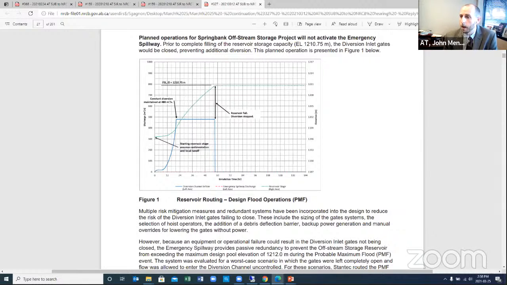The design of the low-level outlet works for SR1 allows for lowering of the complete reservoir within approximately 45 days or so. The vast majority of the pool is lowered, and if I can reference the specific, one moment.